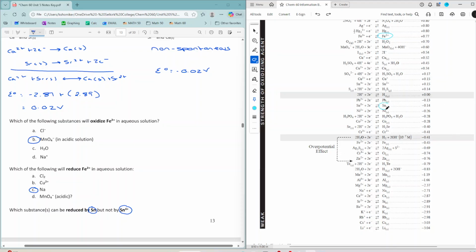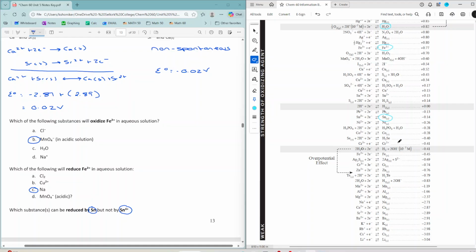So there is tin. And then tin 4 plus is where? I see tin 2 plus. Where is tin 4 plus? So I'm looking for which substance can be reduced by tin, but not by tin 4 plus. Are you guys seeing it? Or did I just make a typo?